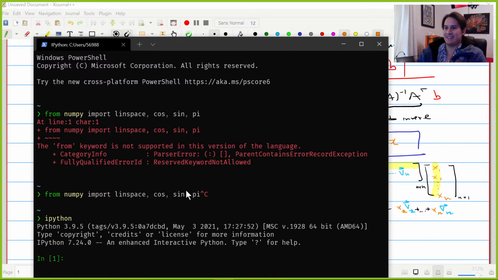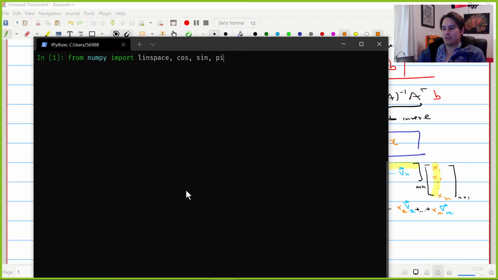There you go. Okay. And also from matplotlib pyplot.